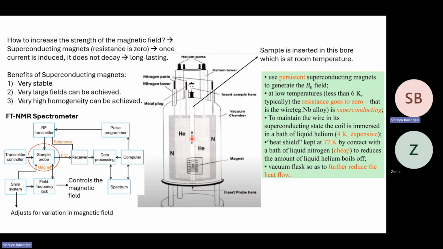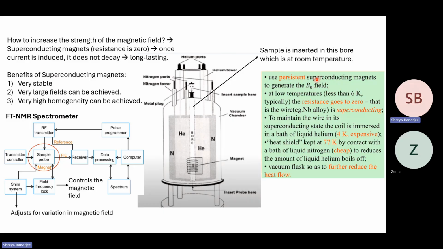Then around this bore there is liquid helium. Liquid helium can be brought to very low temperatures, around 6 Kelvin, where the resistance goes to 0. When the resistance is 0, the wire here that is supplying the electromagnetic field becomes superconducting. So using this superconducting magnet, the external field B0 is applied.